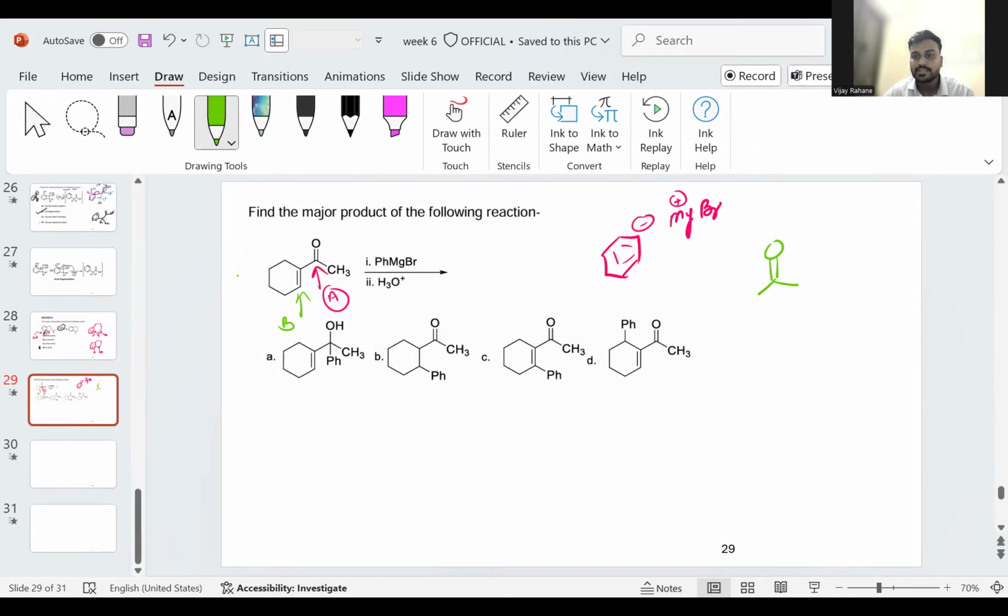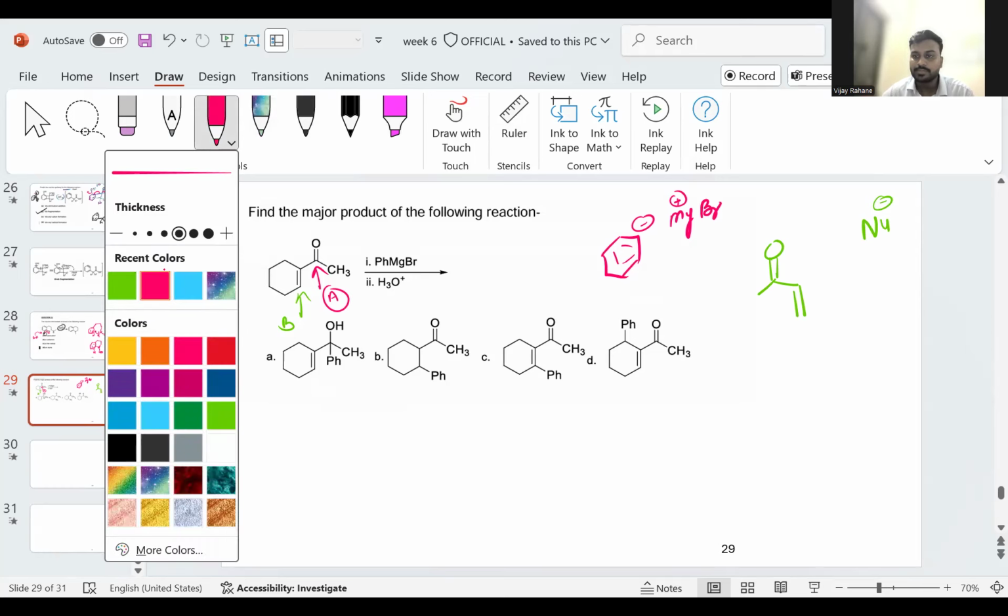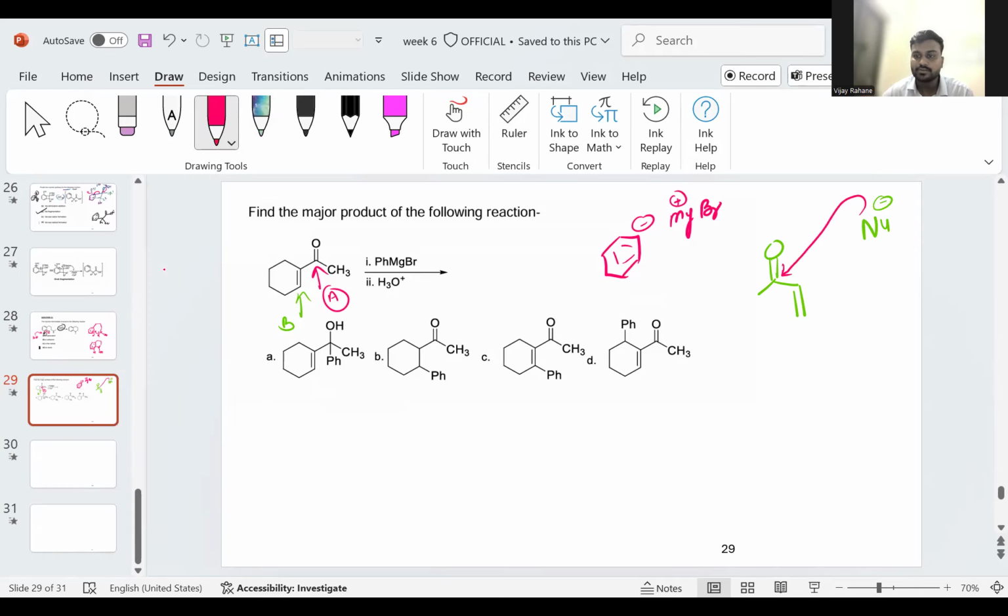If we have such systems and we have the nucleophile, there are two pathways the nucleophile can follow, depending upon what type of nucleophile it is. So either on this one or on this one. We call it 1,2 and this is called 1,4 nucleophilic addition.